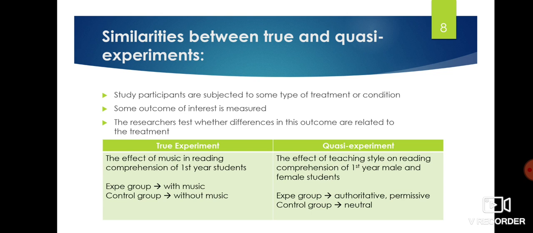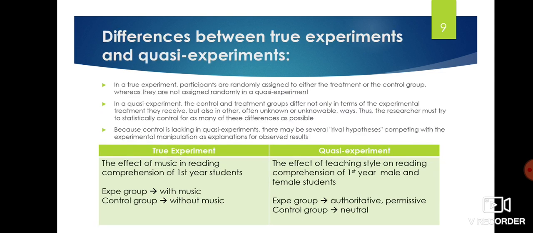Pero, in true experiment, it is a must that there should be a control group because we are looking on the causes and effect. But in quasi-experiment, pwedeng wala siyang control group since ang ating priority is just to see the differences among variables. Differences, like for example, in our example, difference ng authoritative sa permissive na teaching style. Okay? And its effect to the reading comprehension of the first-year male and female students.